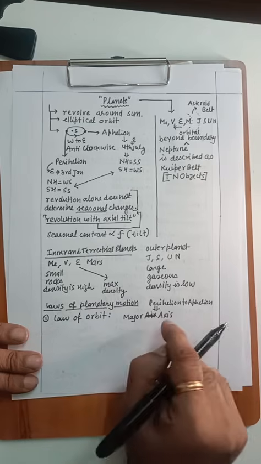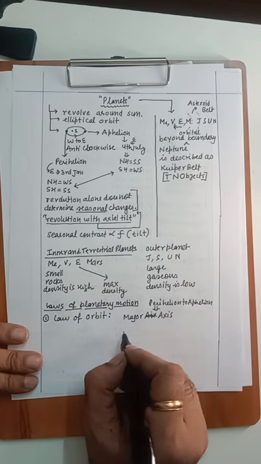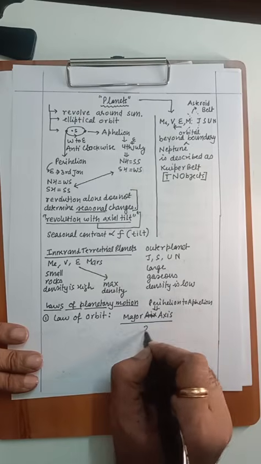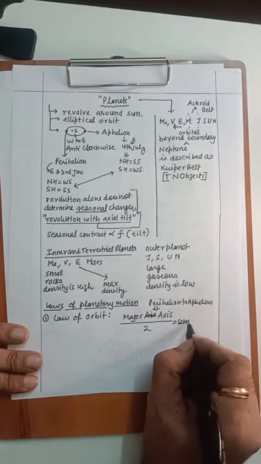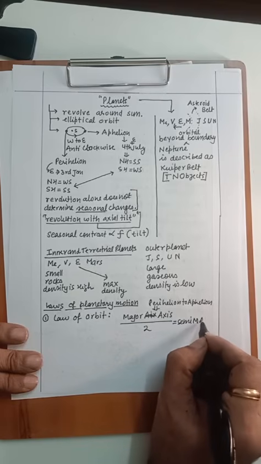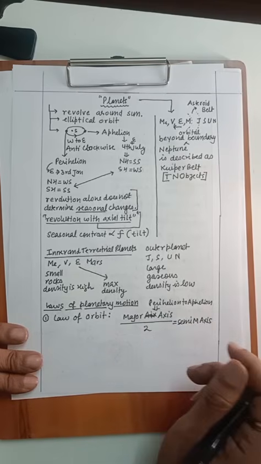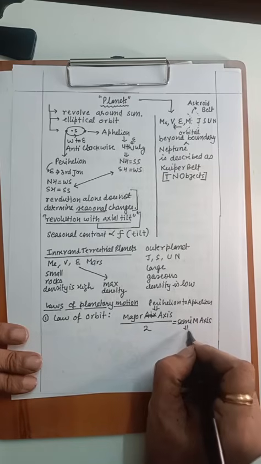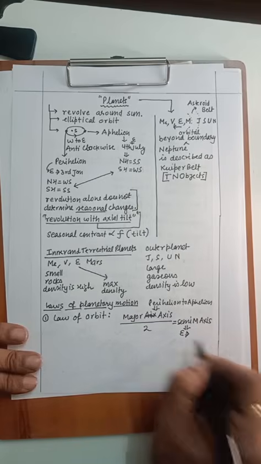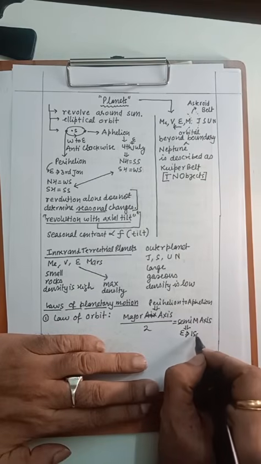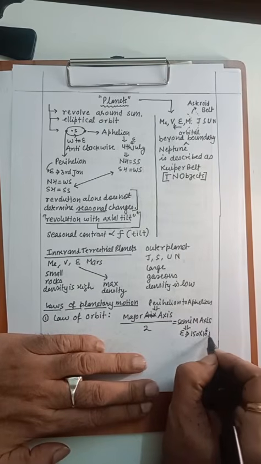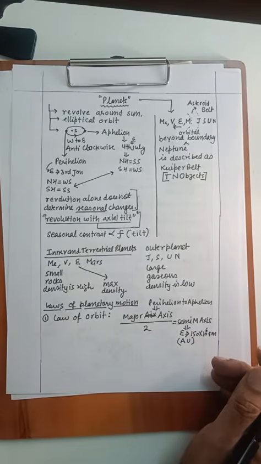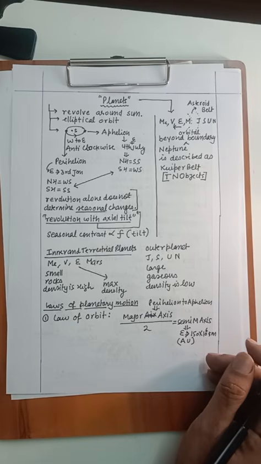Half of it is described as the semi-major axis. The semi-major axis is the average distance between the Sun and a planet, and the semi-major axis for Earth is, as I have already taught you, 150 million kilometers, that is known as an astronomical unit, and that is a unit of measuring distance in our solar system.